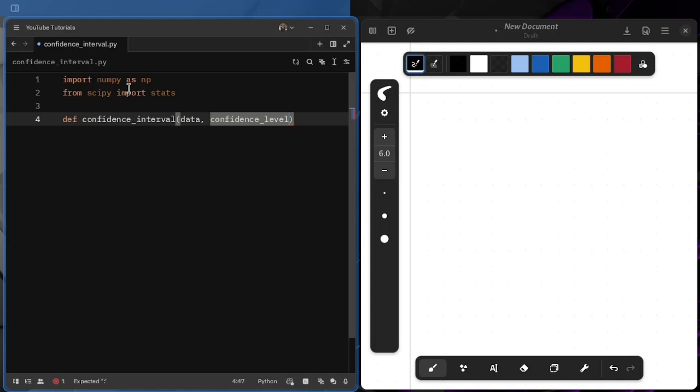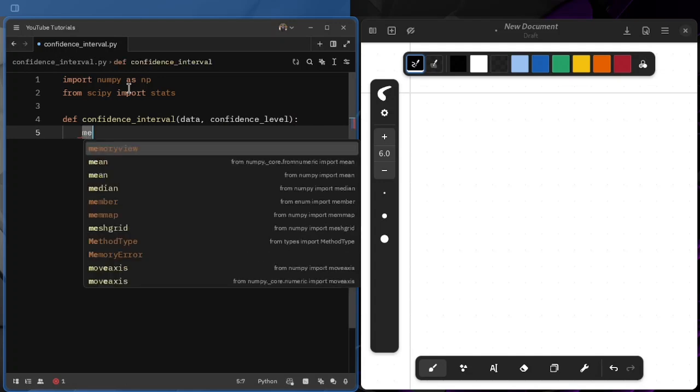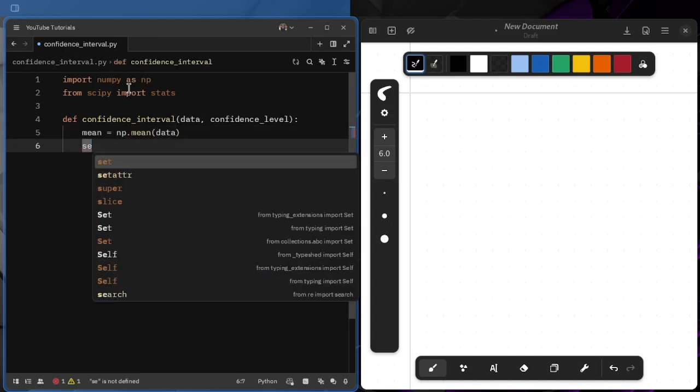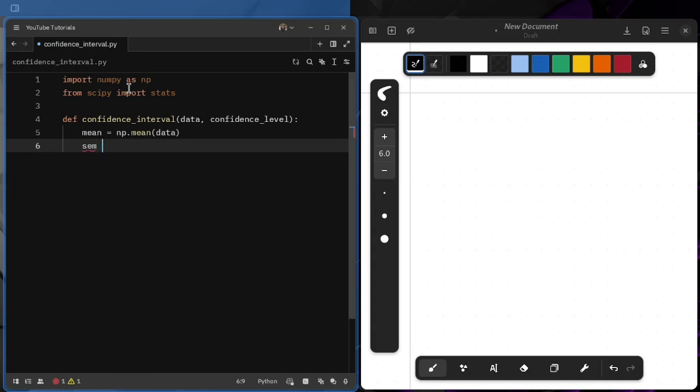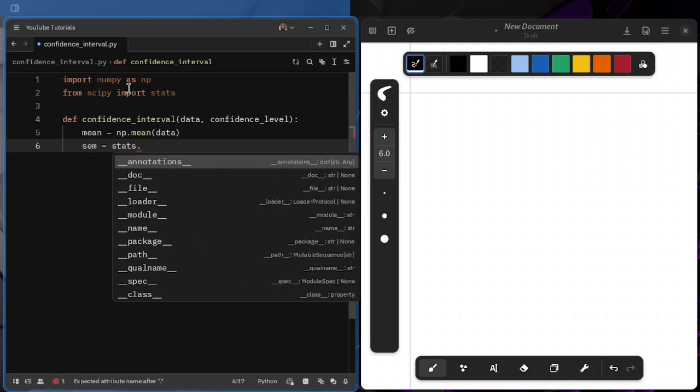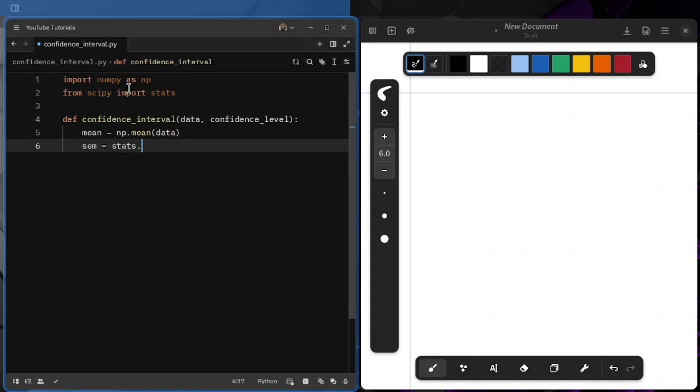Now once we have our data and our confidence level, we can find the mean of the data. Once we have the mean, we can find the SCM. SCM is nothing but standard error of the mean. Since we do not know the population standard deviation, we can simply use sample data, whatever data we have.